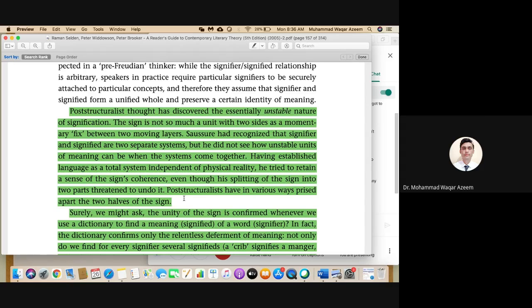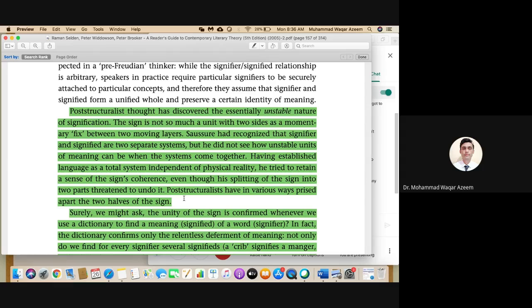Now, post-structuralists further argued, going beyond Saussure, that even at the level of the imagined system of language, there is no stability between signifiers and signifieds. In fact, signifiers are independent of even their own signifieds.